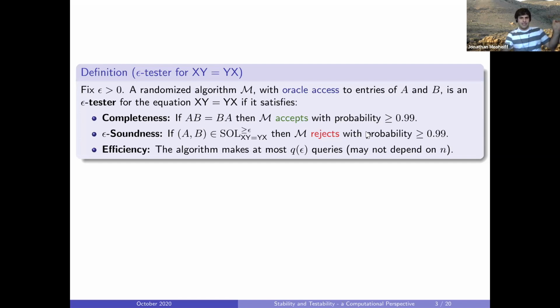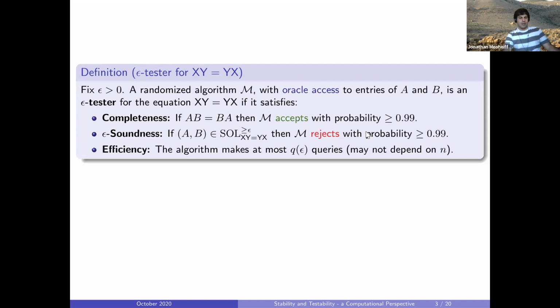By this, I mean that I take some x between 1 and n, and in a single operation I can ask what is a of x for this given x.